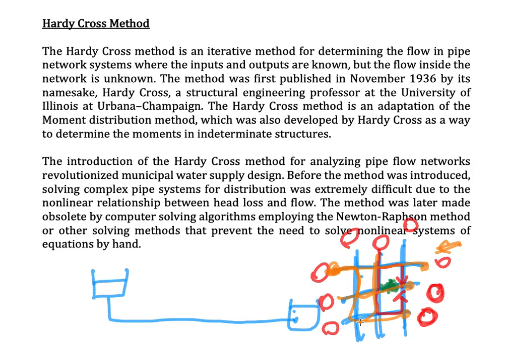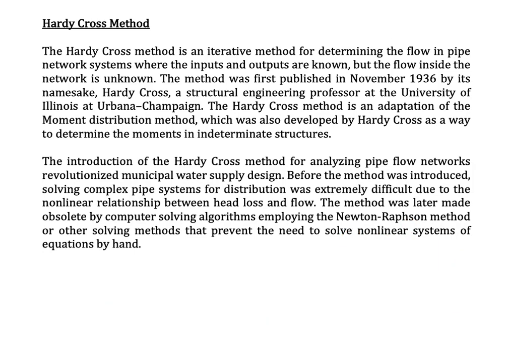As a note, the Hardy-Cross method is an iterative method for determining the flow in a pipe network system where the inputs and outputs are known, but the flow inside the network is unknown. The method was first published in November 1936 by its namesake Hardy Cross, a structural engineering professor at the University of Illinois at Urbana-Champaign.